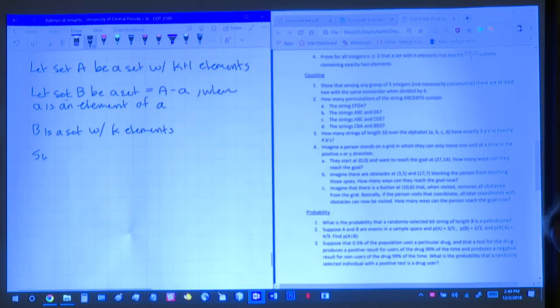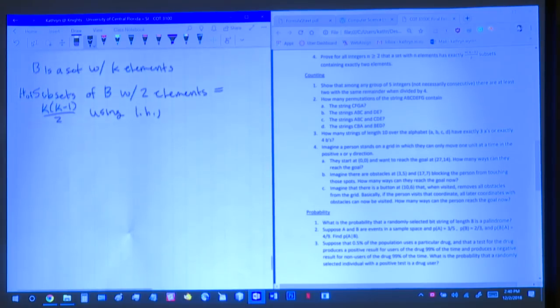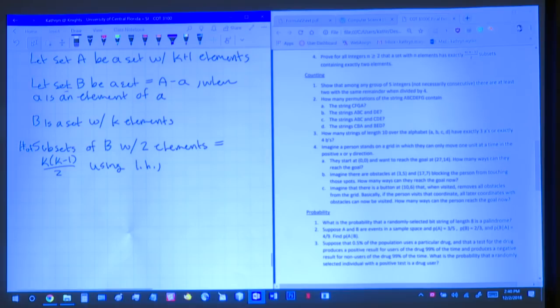So we can write the number of subsets of B with 2 elements. That is equal to k times k minus 1 over 2. And that would be using the inductive hypothesis. So now, all the other subsets of A that contain the element a will contain a and then another element.